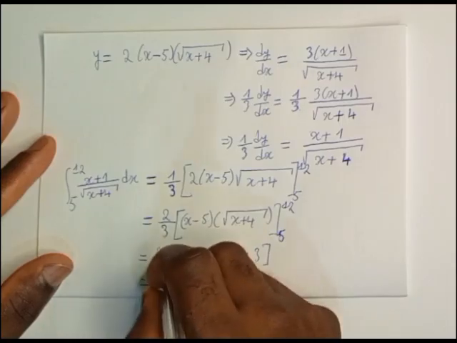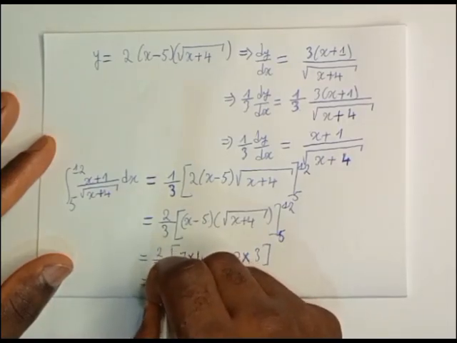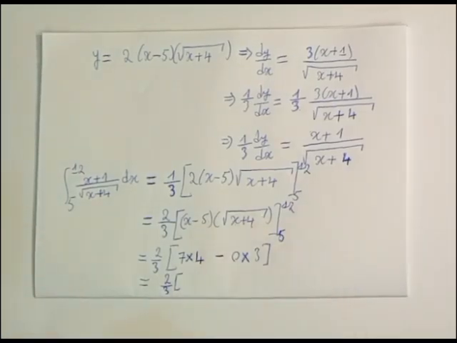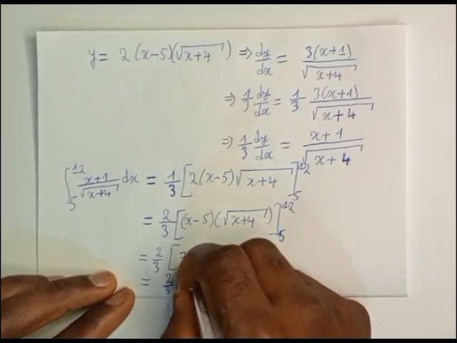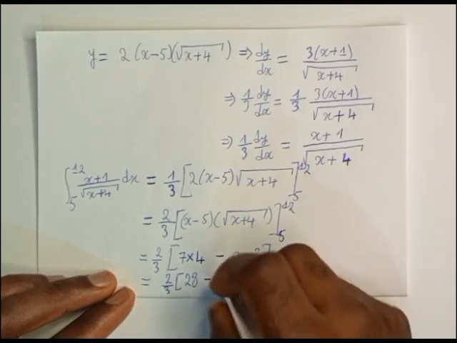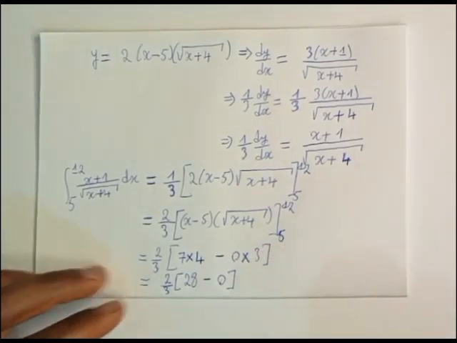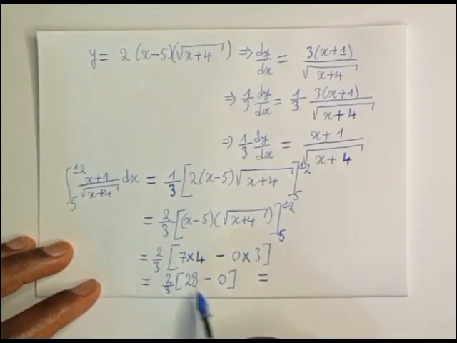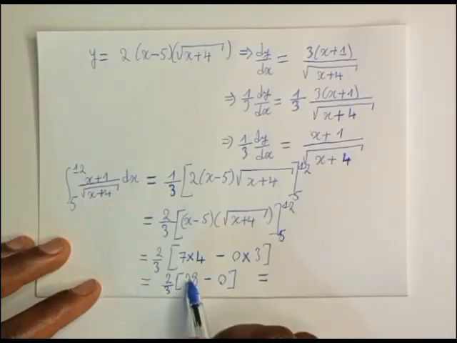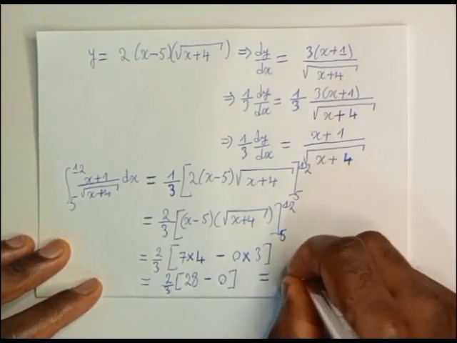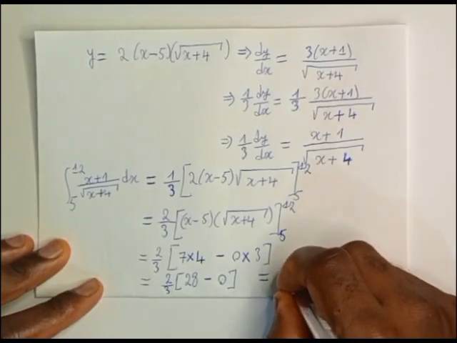This will simply be equal to 2/3 times 7 times 4 gives us 28, minus 0 times 3 gives us 0. 28 minus 0 gives us 28. 28 times 2 gives us 56 on 3.